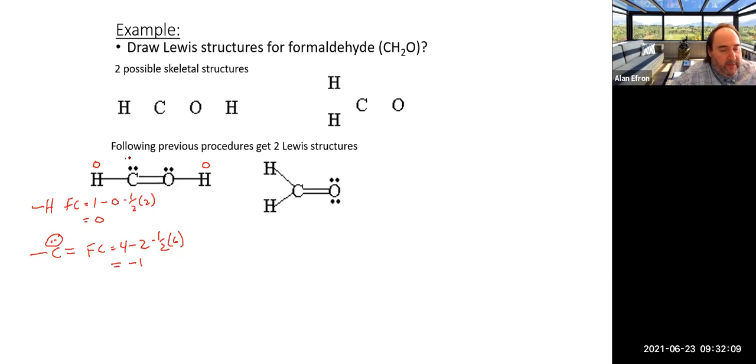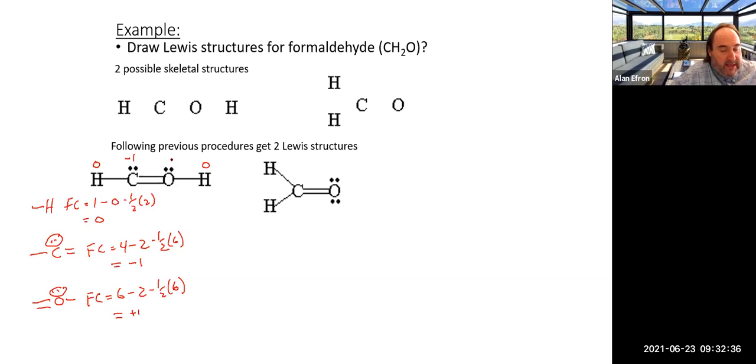So the carbon here would be carrying a minus 1 formal charge in this arrangement. If we look at the oxygen, which has this arrangement here, oxygen is 6, so that would be 6 minus 2 minus 1/2 of 6. That gives us 6 minus 2, which is 4, minus 3, which is plus 1.